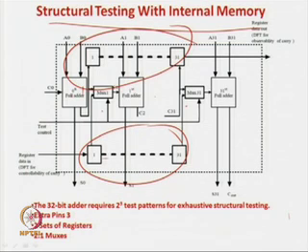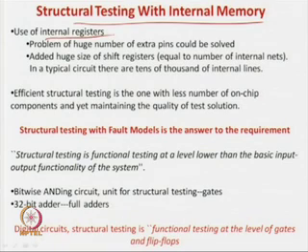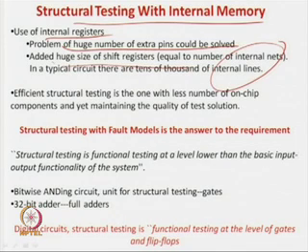In this case we have solved the problem, but we have added some more area for the registers. Now we will see how we can minimize this extra area. So, what we have discussed is that if we are doing structural testing with internal memory, we require internal registers, that is fine, but the huge number of pins has been solved. So, what is the number of shift registers? You can say it is equal to the number of internal lines that have to be tested.